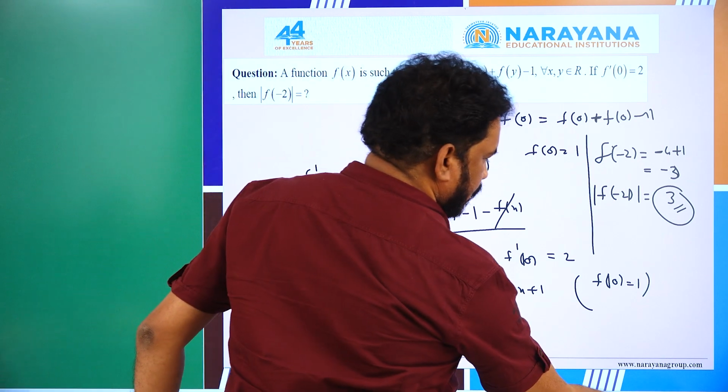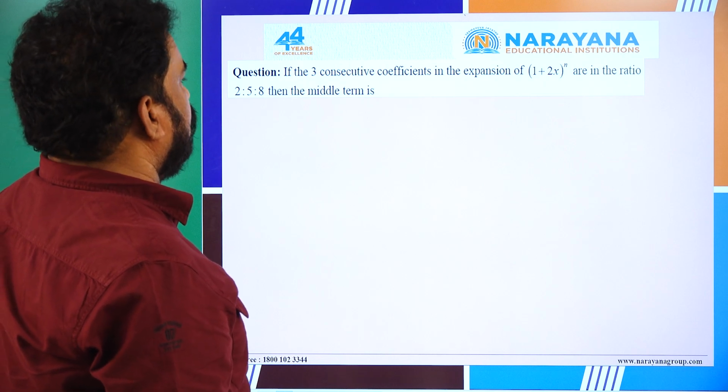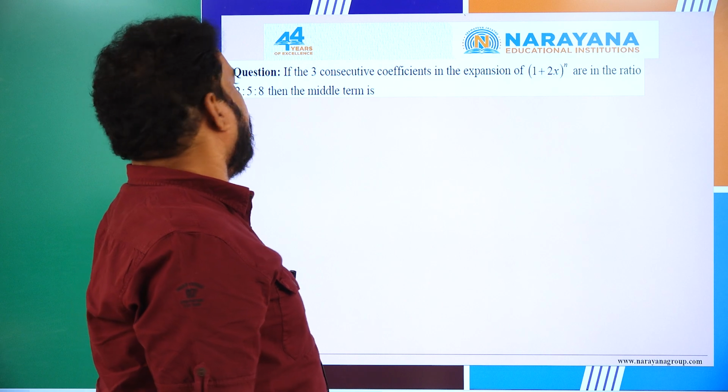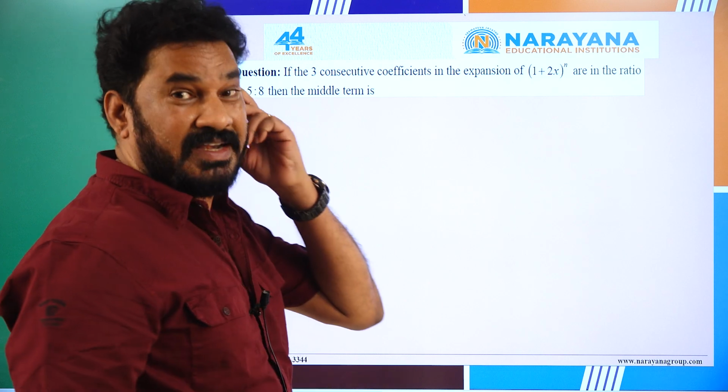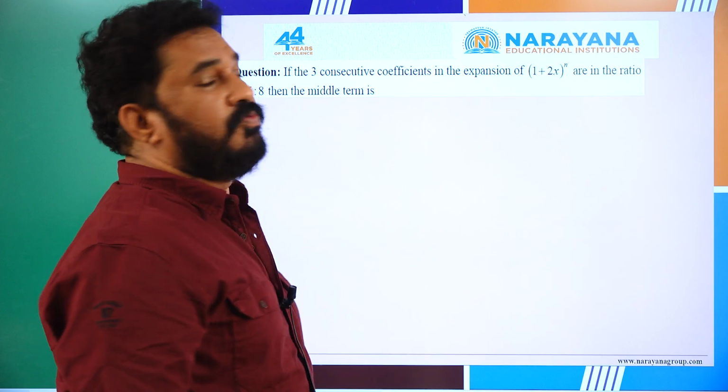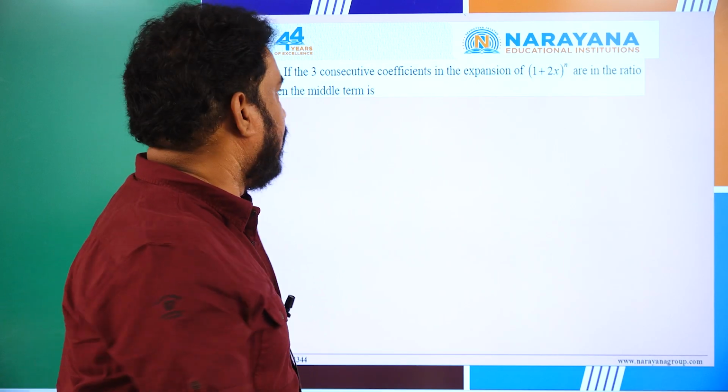Okay, next. If 3 consecutive coefficients in the expansion of (1 plus 2x) whole power n are in the ratio 2:5:8, given. Okay, fine.